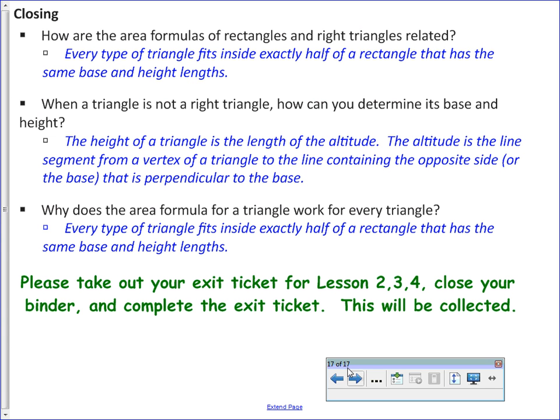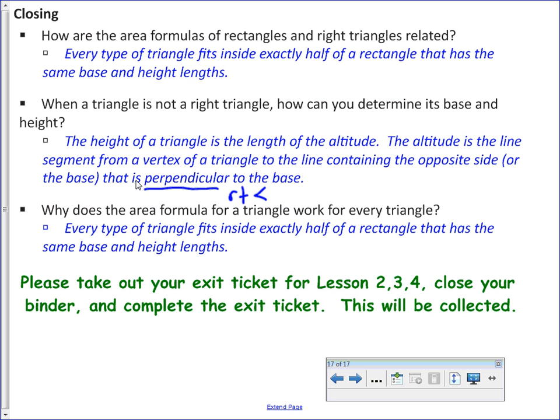When a triangle is not a right triangle, we can find its base and height by drawing the height, or the altitude, from the vertex or corner of a triangle to the opposite side. That has to be perpendicular, meaning that it has to have a right angle.